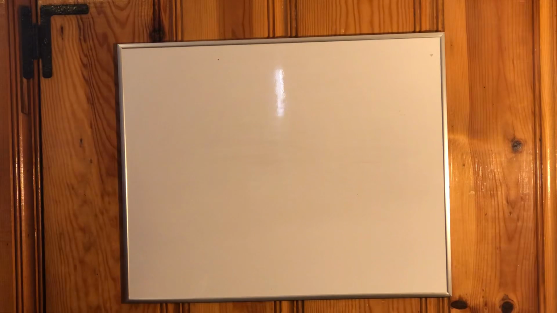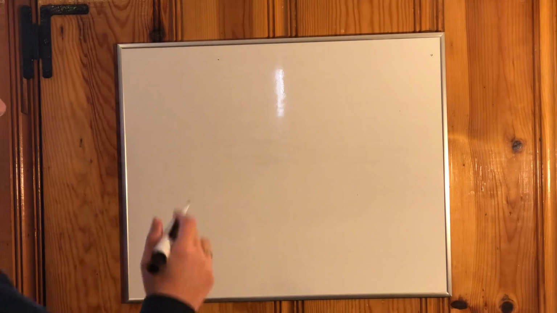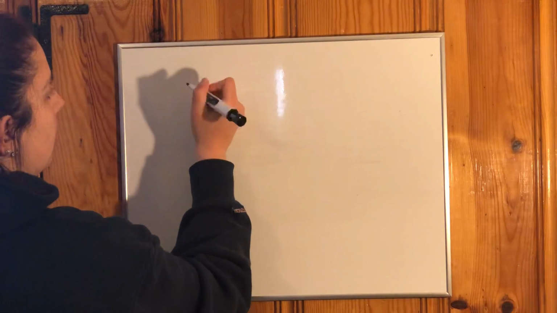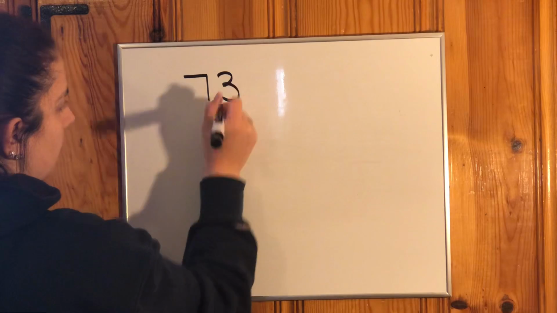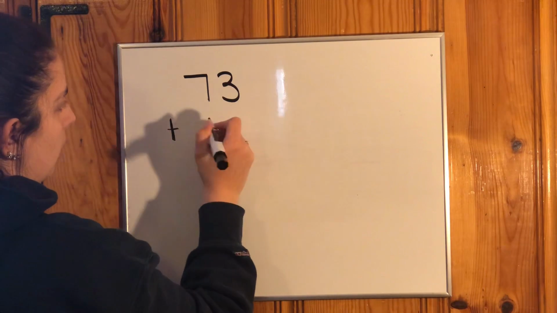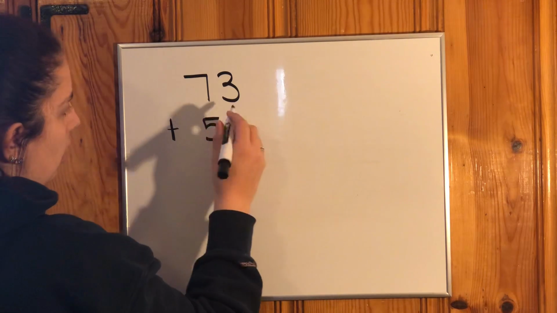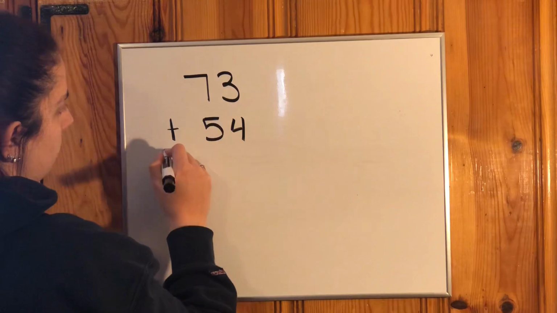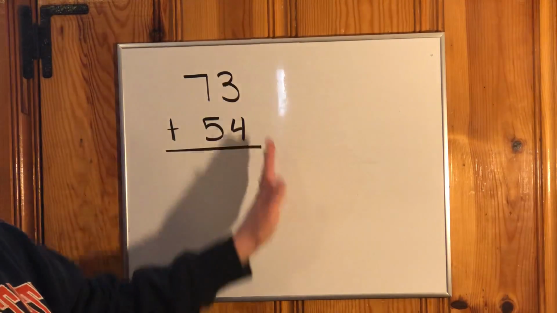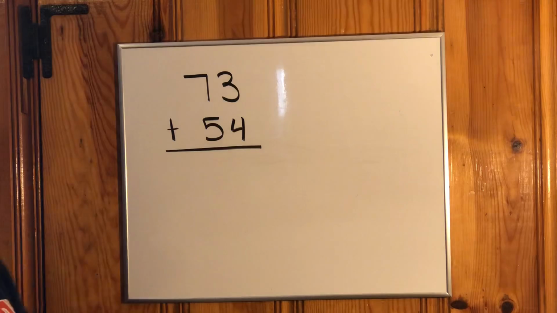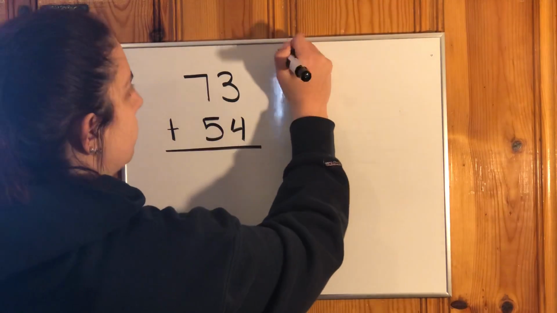This time, let's do 73 plus 54. Okay, so right next to this, I'm going to draw my hundreds, tens, and ones chart, like I did on the last problem.